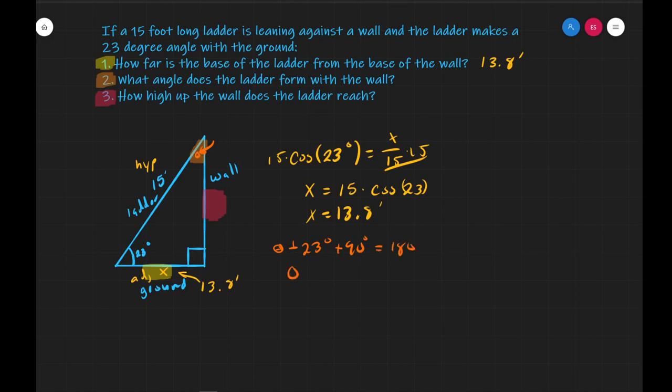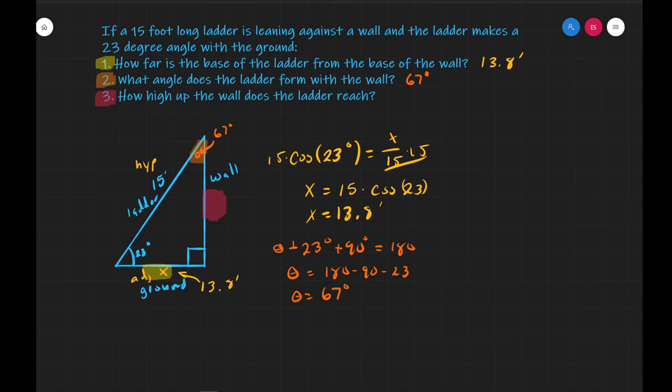So theta is going to be equal to 180 minus 90 minus 23, and theta should be 67 degrees. So the angle that the ladder forms with the wall is 67 degrees. Okay, so triangle sum theorem let us find that.